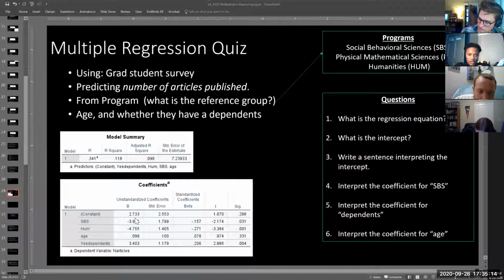So when humanities is held constant and age and dependence are 0, students in that program will have 3.911 fewer publications. Yes, then what? Than the constant. Which is who? Which is physical and mathematical sciences.